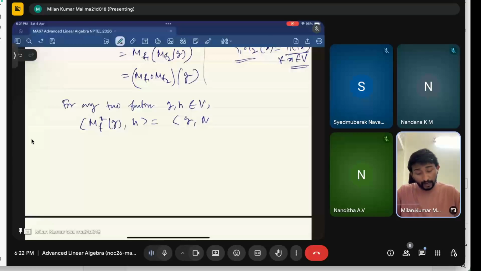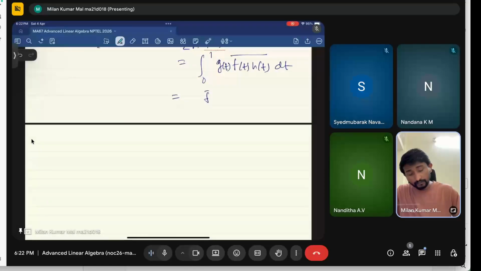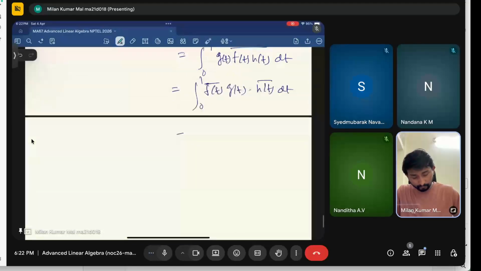Right, now I have to write it this way. That means I can write integral over 0 to 1 of f(t) bar g(t) into h(t) bar dt. Then what I can say is that this is equal to f bar dot g with inner product h, because f bar dot g at the point t is equal to f(t) bar and g(t). This is by definition.